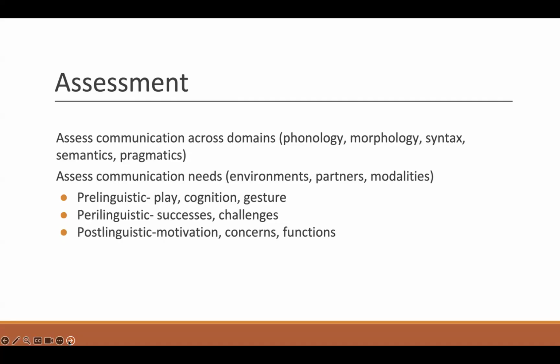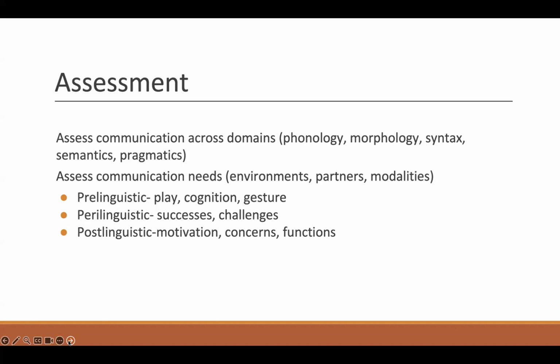So it's a little bit more transparent to think about how hearing might relate to speech or phonology and even morphology, as we think about high frequency morphemes like plurals, possessives, or third person singular. But really, hearing impacts all of the communication domains: phonology, morphology, syntax, semantics, and pragmatics.